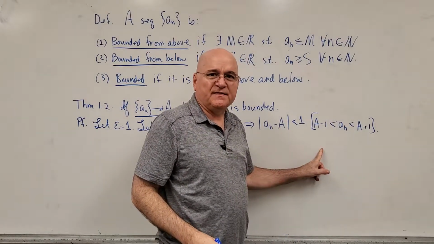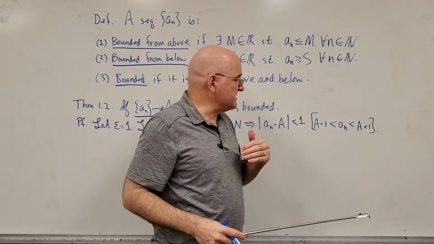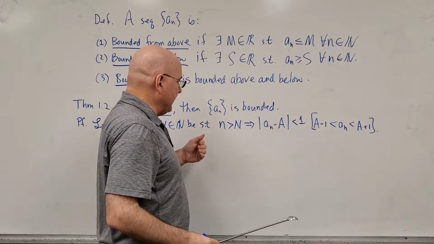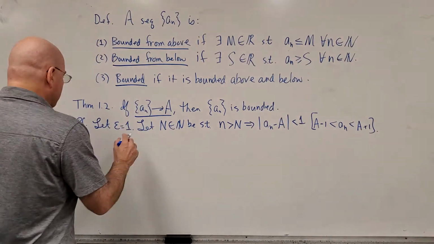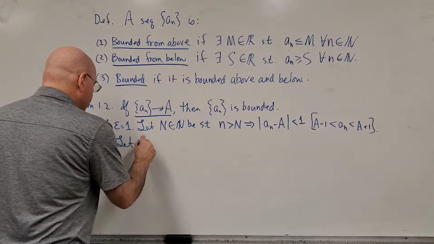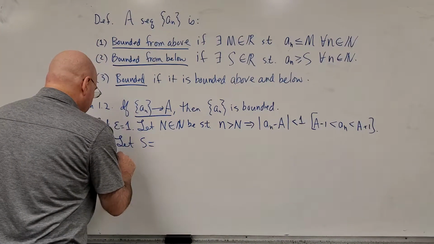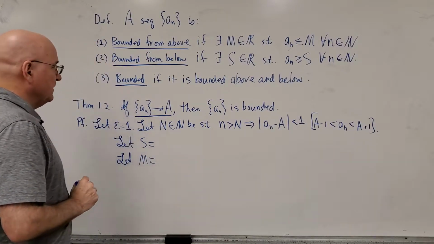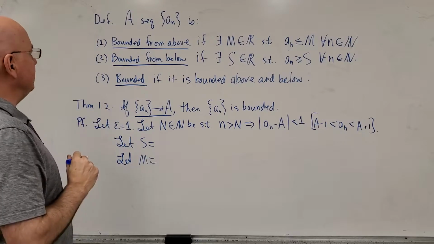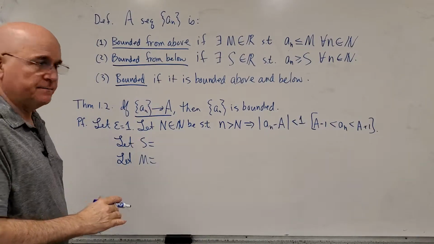All we need to deal with now are the first few elements at the beginning, going up from a_1 up to a_N. So I'm going to just say let S equal and let M equal. Let's see, I'm going to use S as the lower bound.